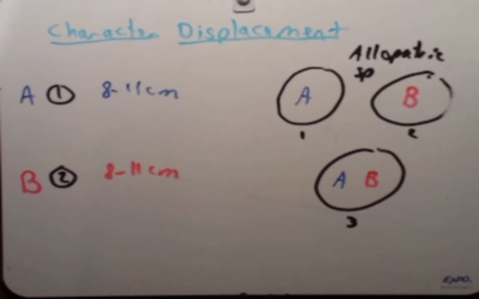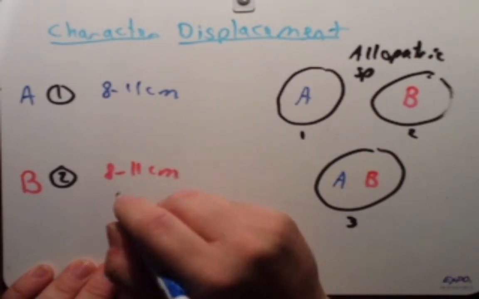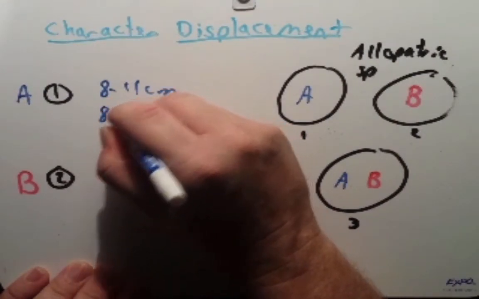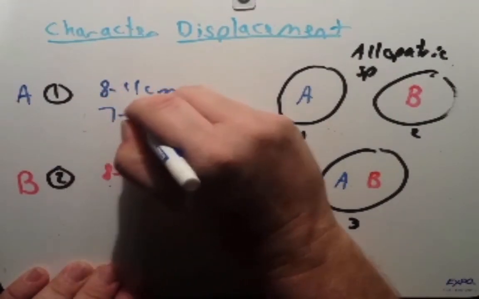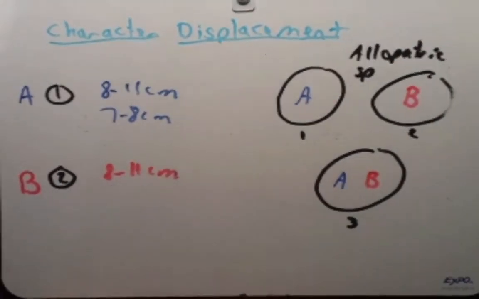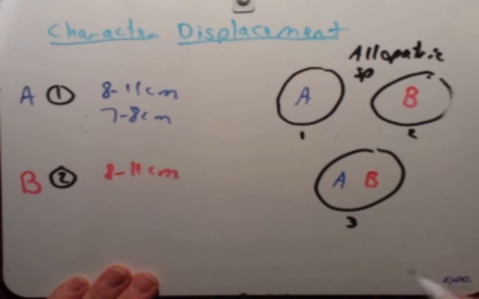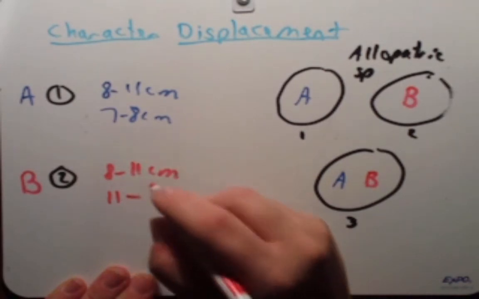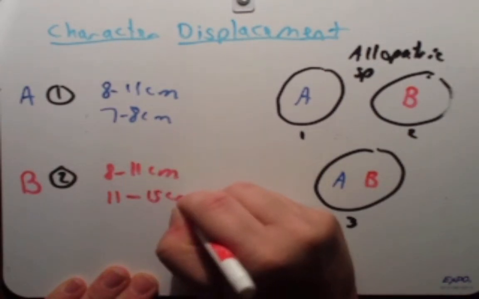And on island 3, species A has a beak size of around, on average, 8 centimeters. It goes from, well, let's just write 7 to 8 centimeters. So it's a little bit smaller, but it's within this range. Species B on island 3 will have a beak size on average of about 12 centimeters, but it goes from roughly 11 to 15 centimeters on island 3.